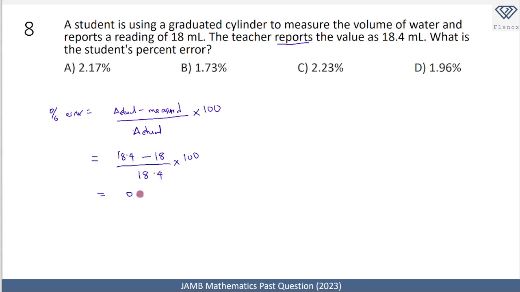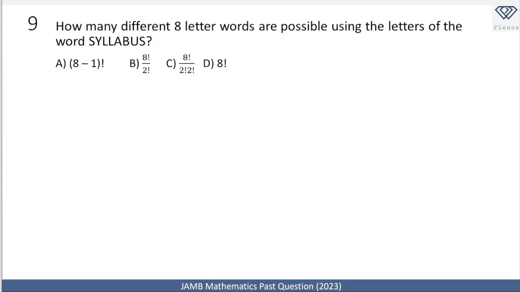So 18.4 minus 18 is 0.4, divided by 18.4 times 100. And when you punch that into your calculator, you get 2.17%. And that makes option A the correct option. Moving on to the next.